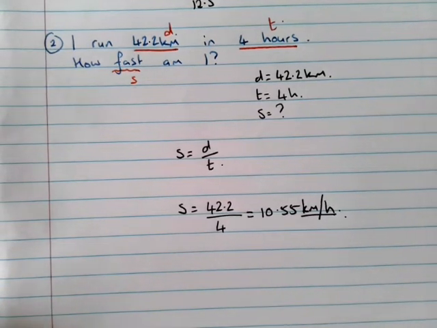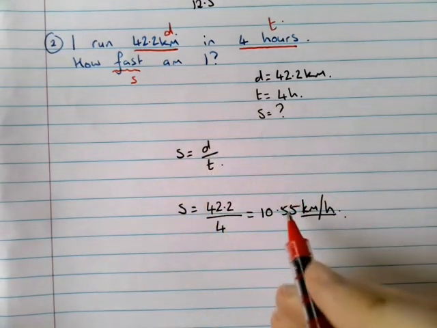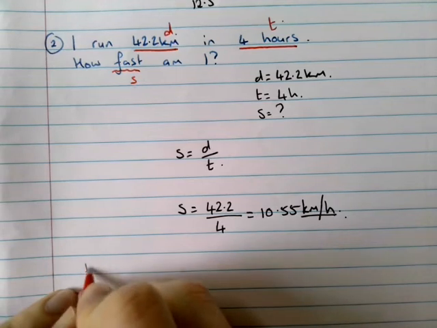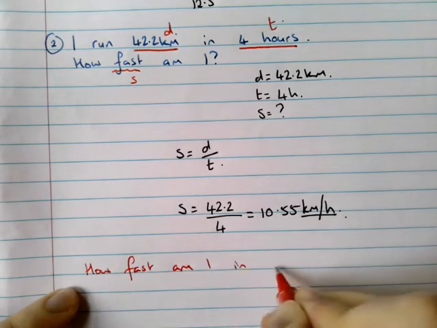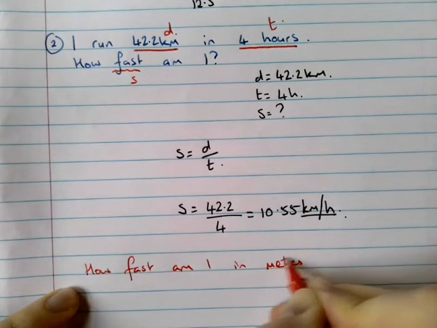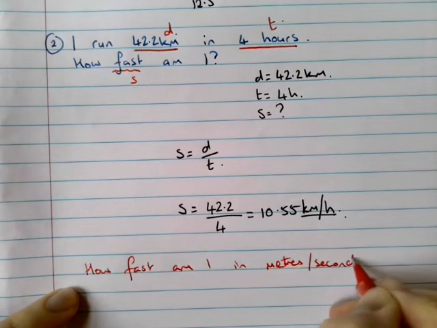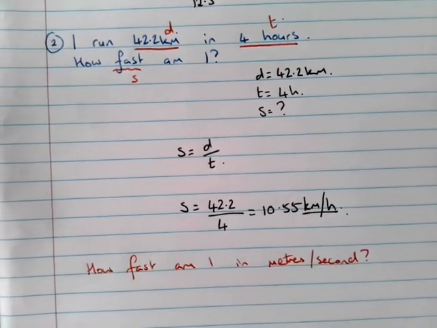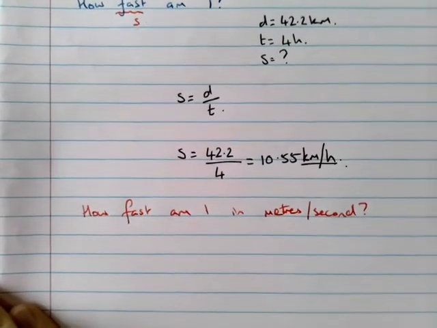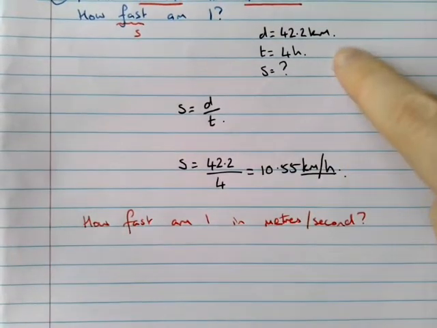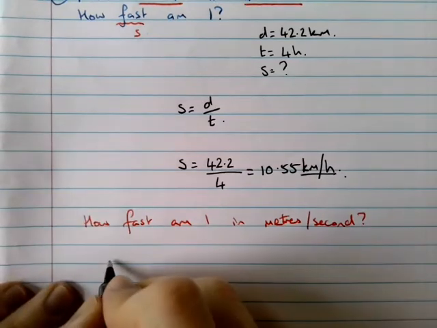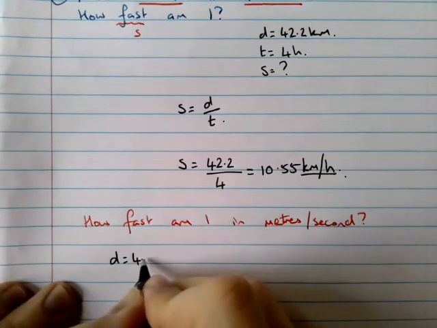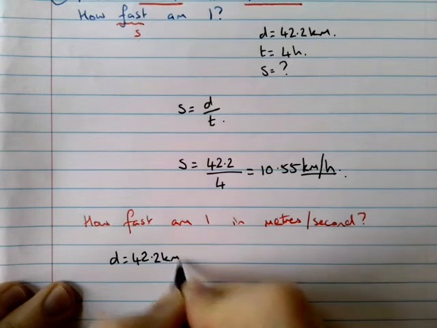So, let's imagine that I wanted to know, instead of how fast I am in kilometers per hour, how fast am I in meters per second. Then what I need to do is convert my quantities into meters and seconds. So if we write them out again, my distance is 42.2 kilometers.